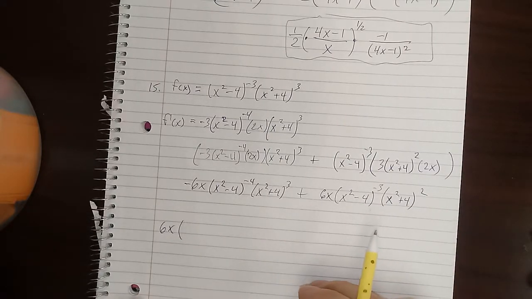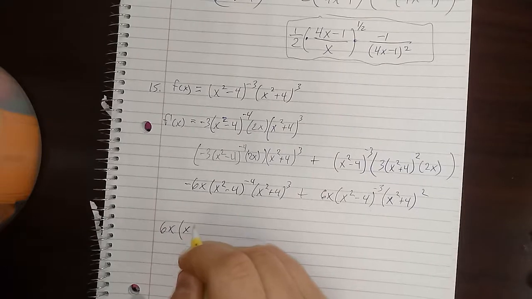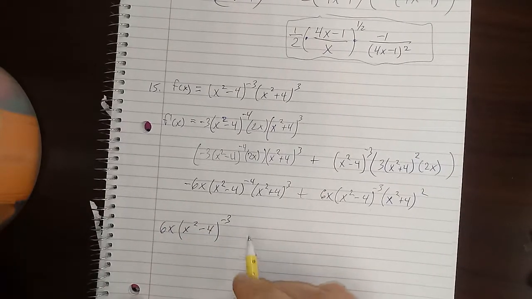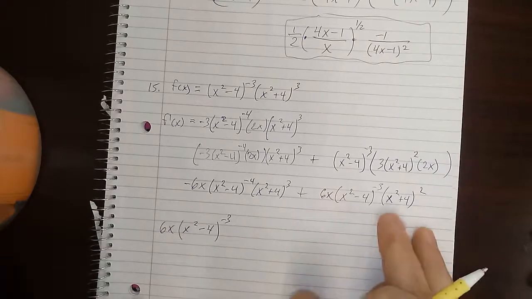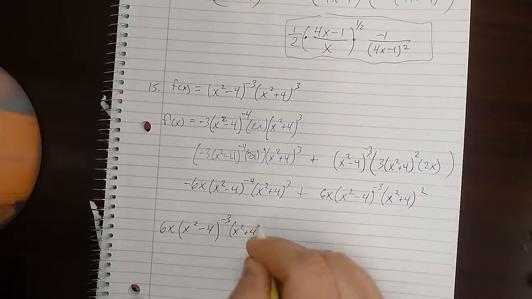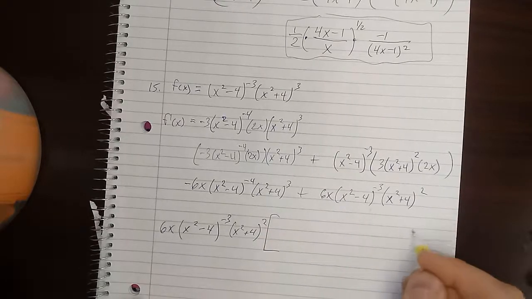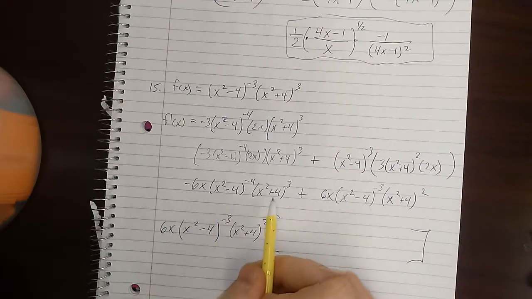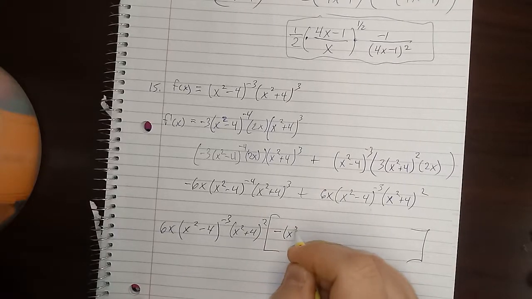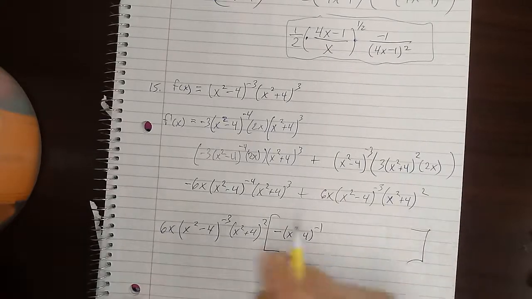I'm going to do the more secretive methods now. Looks like we can take an x squared plus 4 squared out of everything. So if I do that, then what we're left with is negative x squared minus 4 to the negative 1.